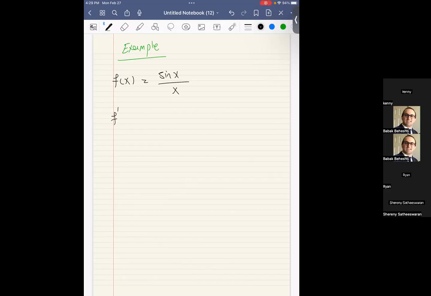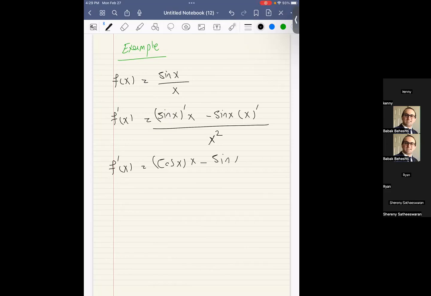So f prime of x is equal to, by the quotient rule, the derivative of sine x times x minus sine x times the derivative of x, divided by x squared. Right? This is the quotient. So f prime of x is equal to, the derivative of sine is cosine, so it's cos x times x minus, the derivative of x is 1, so just minus sine x over x squared.